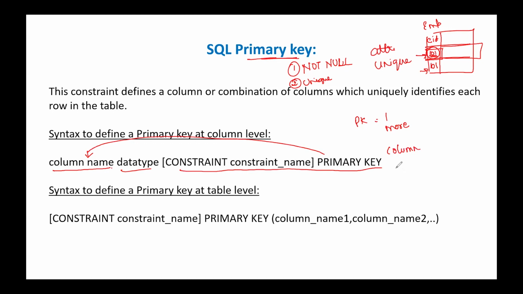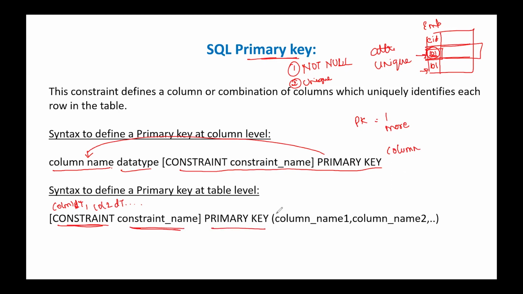Otherwise, what I can do is a table level declaration. How am I going to do that? I will declare all the columns. After declaring all the columns, that is column 1 and its data type, next column 2, its data type, etc., at the end, I will mention the constraint. I can give a name for the constraint also.